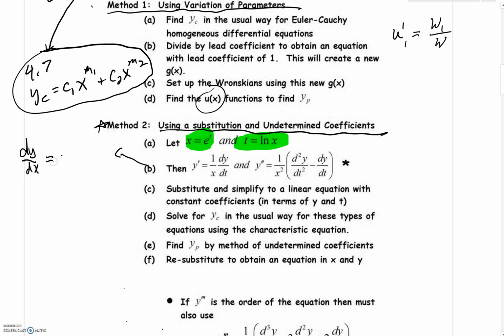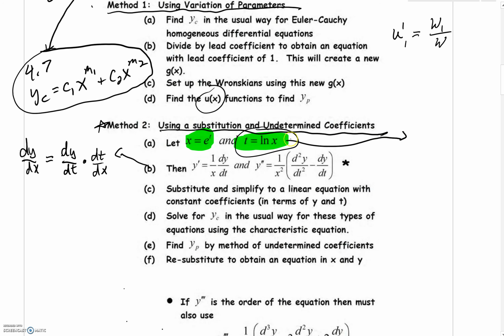And right now it sure looks like our y is in fact a function of x, but now we're seeing t's thrown in. So we could write this via the chain rule as dy dt times, if y was a function of t but t is a function of x, take your derivative of the inside and then you'd have dt dx.